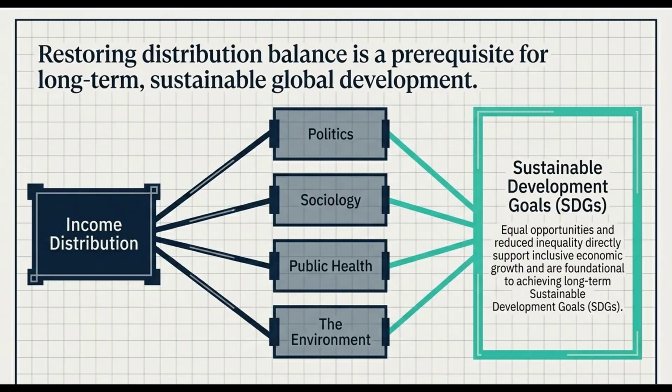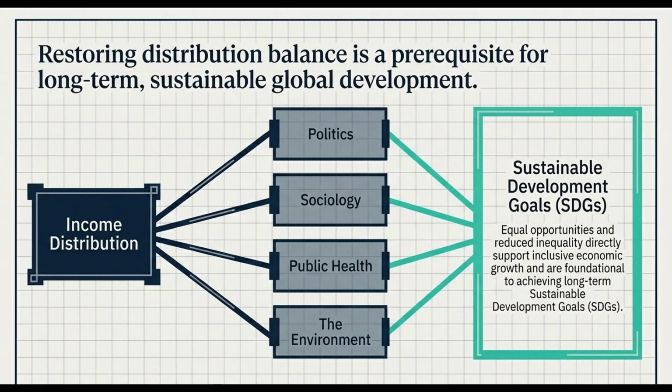Okay. Now let's see what is sustainable development. So reducing inequality is essential for sustainable development, right? So the United Nations Sustainable Development Goals emphasize equal opportunities, poverty reduction and inclusive economic growth. So when income is distributed more fairly, societies experience stronger social stability, right? Better education outcomes, improved healthcare access, and higher productivity.